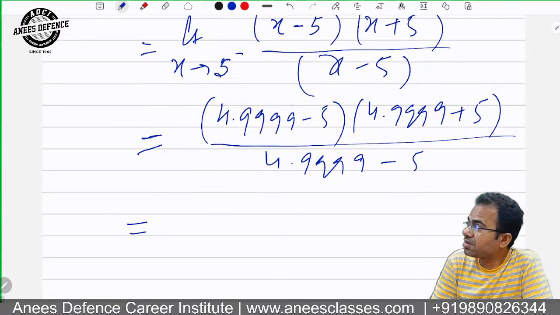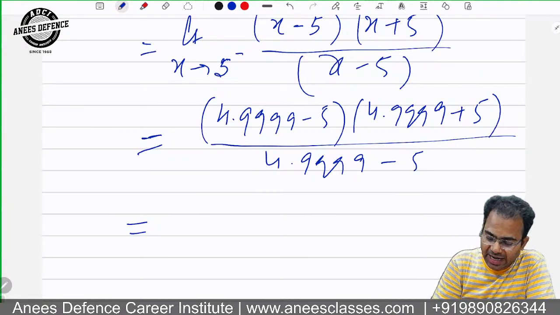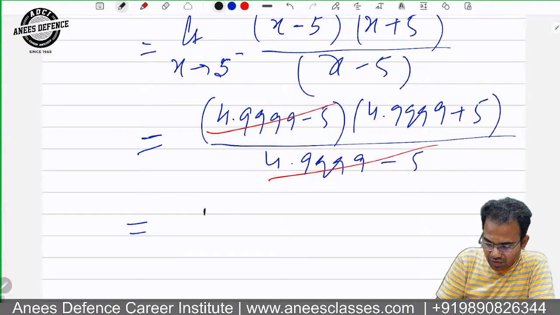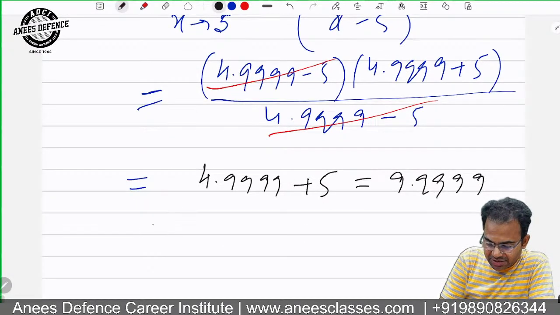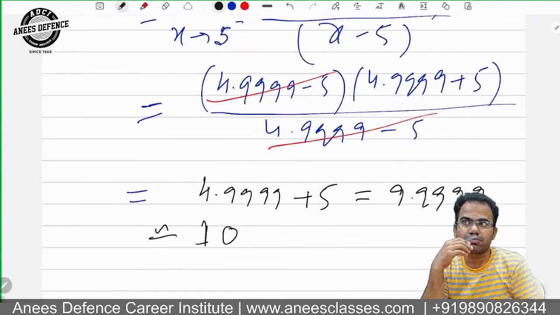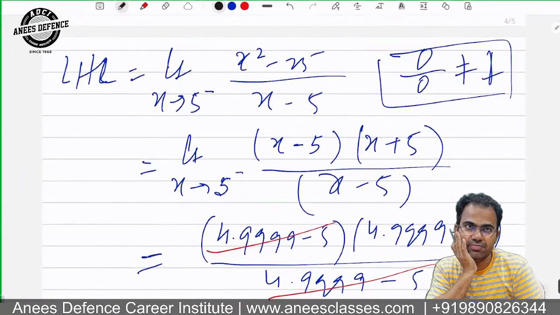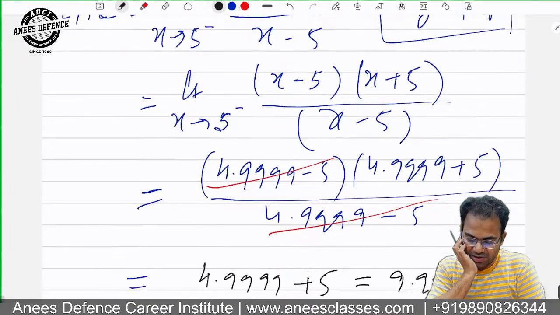These two factors are non-zero, not exactly 0, so I can cancel. Therefore 4.99 plus 5 is 9.99, approximately equal to 10. That is, LHL is 10. Right?